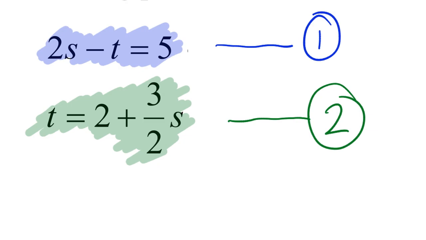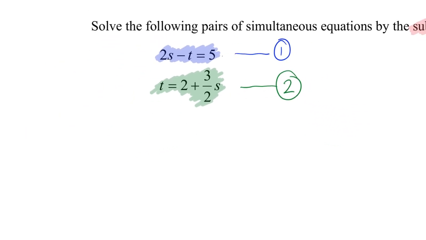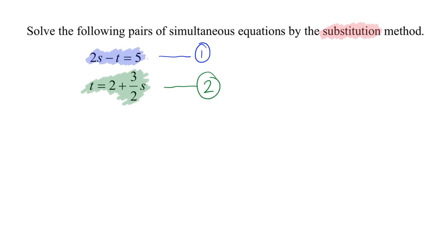This means when I substitute equation 2 into equation 1, I can interchange or substitute t with 2 plus 3 over 2s. They are equal to each other.